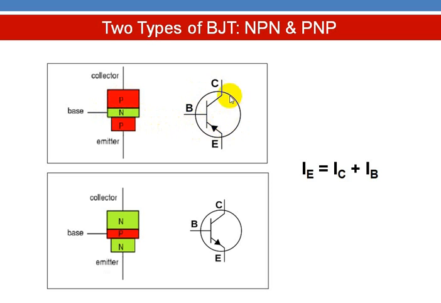This is the symbol for the transistor. Usually the arrow mark is placed on the emitter terminal, pointing inwards. Whereas in NPN transistors, collector and emitter are taken from N regions, base is taken from the P region, and this is the symbol. Here the arrow mark on the emitter terminal is pointing outwards. Always the emitter current will be equal to the sum of collector current plus base current.